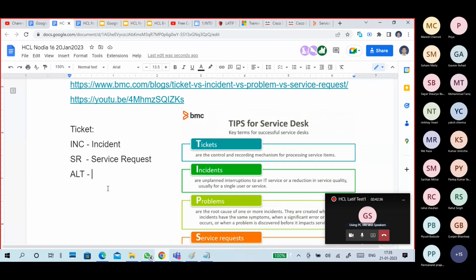I forgot my mail ID password: service request. I want to access the printer: service request. Printer is not working: incident.